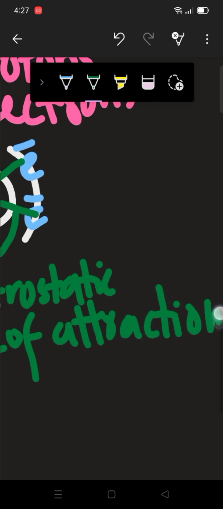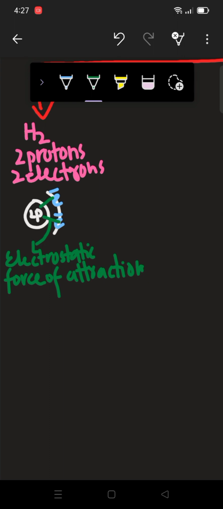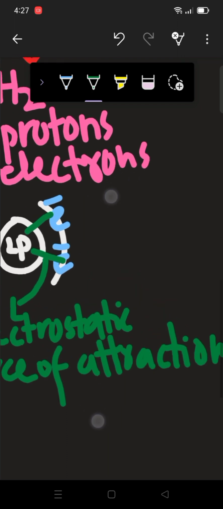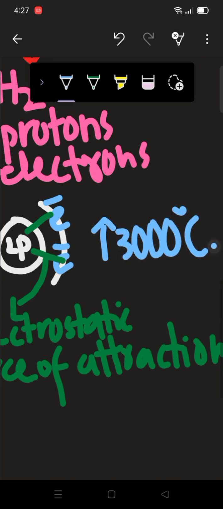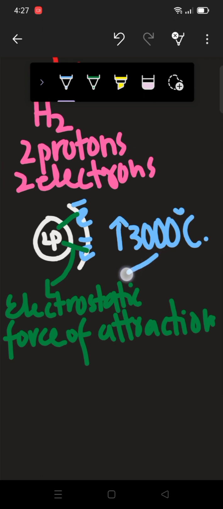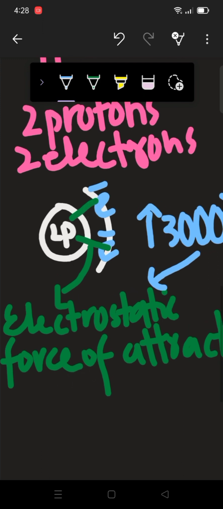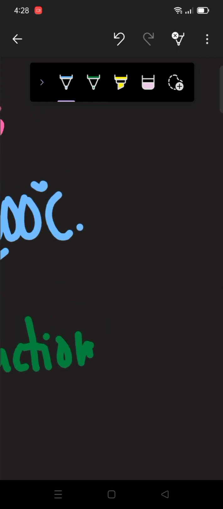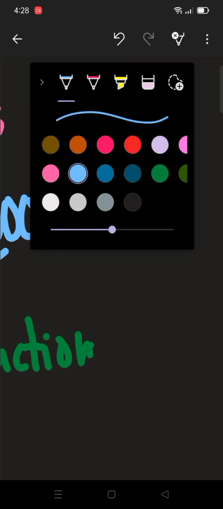So this is basically a binding force between electron and proton. Alright, when we provide the temperature of up to 3000 degrees centigrade, this temperature leads to the breakdown of this electrostatic force of attraction.